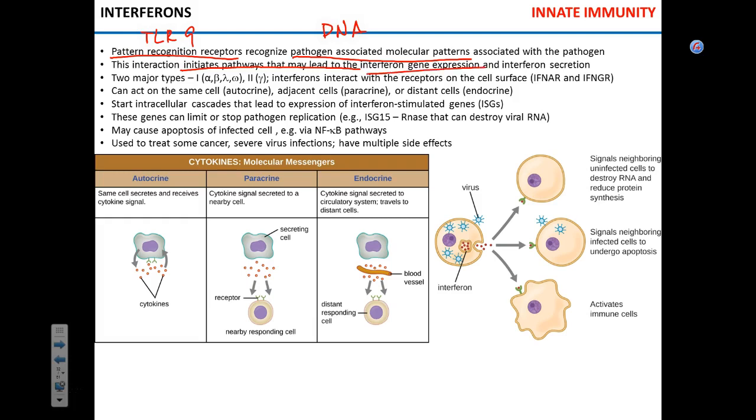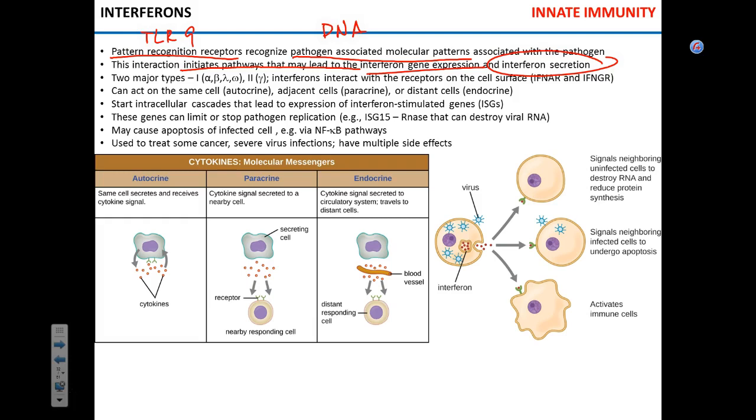So these genes get expressed, and interferon is produced by the infected cell. That's important. You see, the cell is infected. Make sense? Interferons are not produced in a healthy tissue. Does that make sense? Am I clear? So you've got to have an infection.